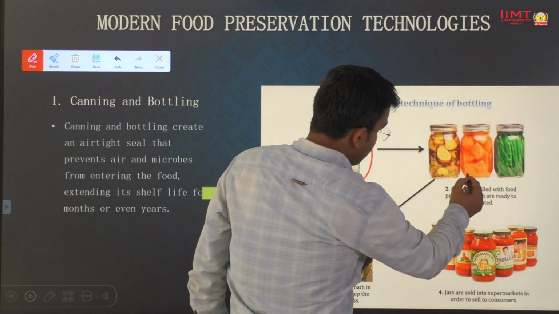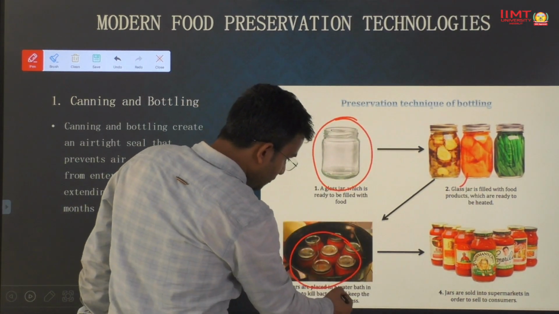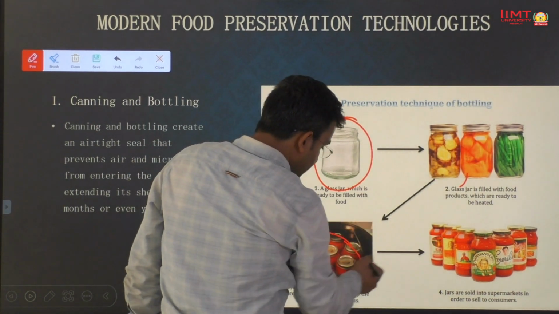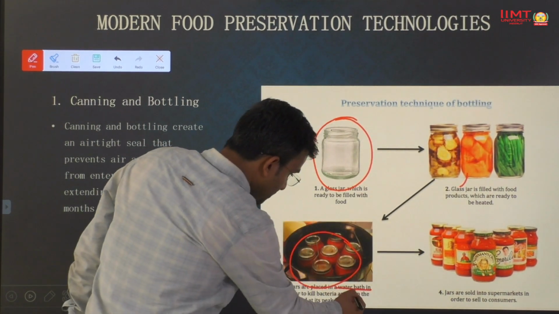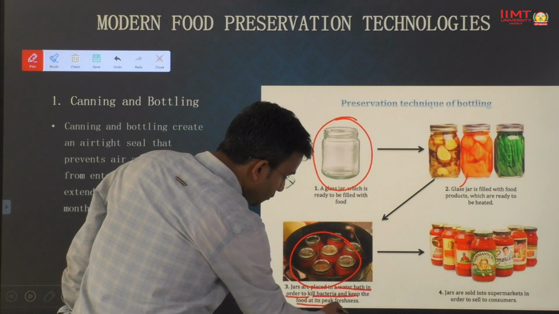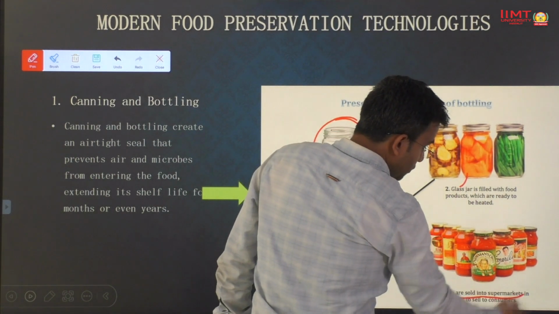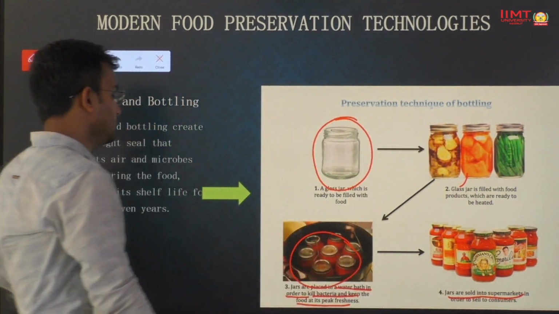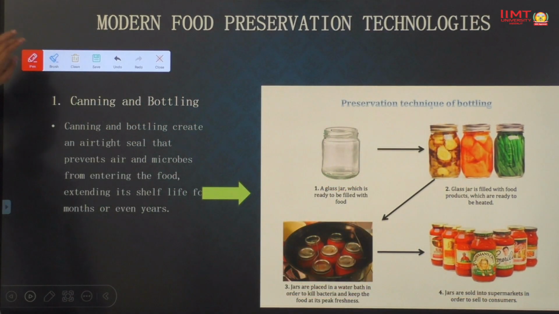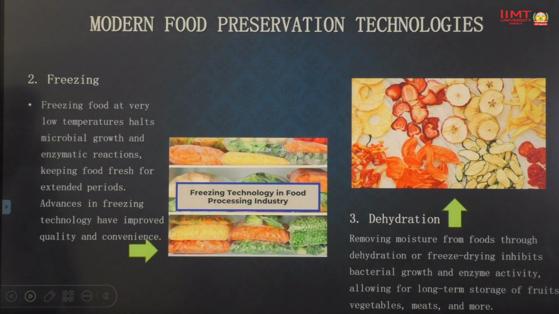Once the bottle is sterilized, the food item is filled and packed in jars. Again, the packed food item is placed in a water bath in order to kill the bacteria and keep the food at peak freshness, and the jars are sold in the market or anywhere else. So we go for next.